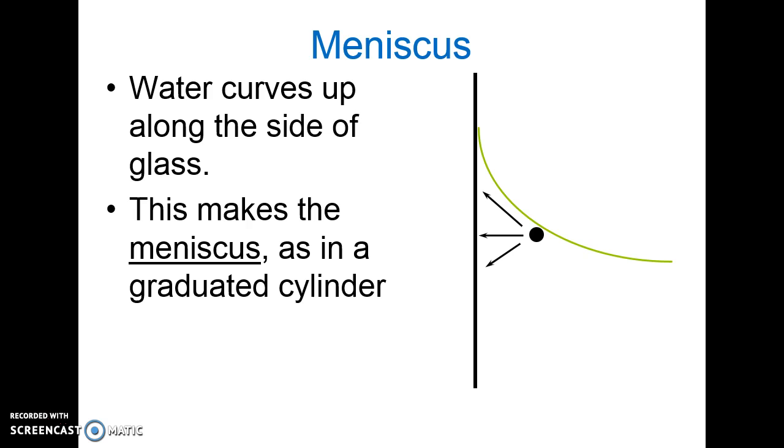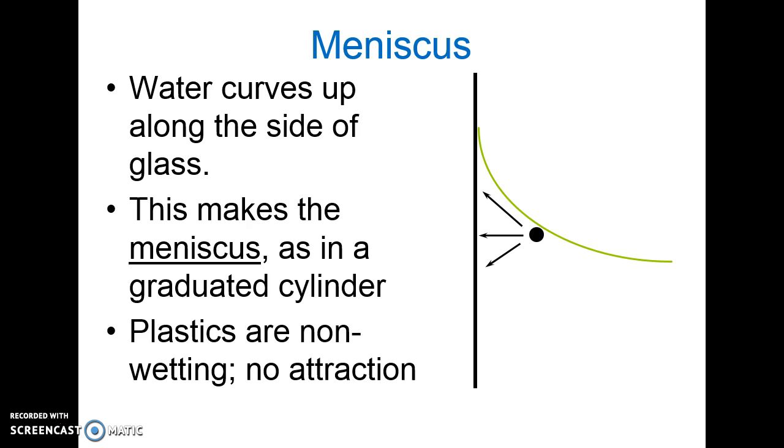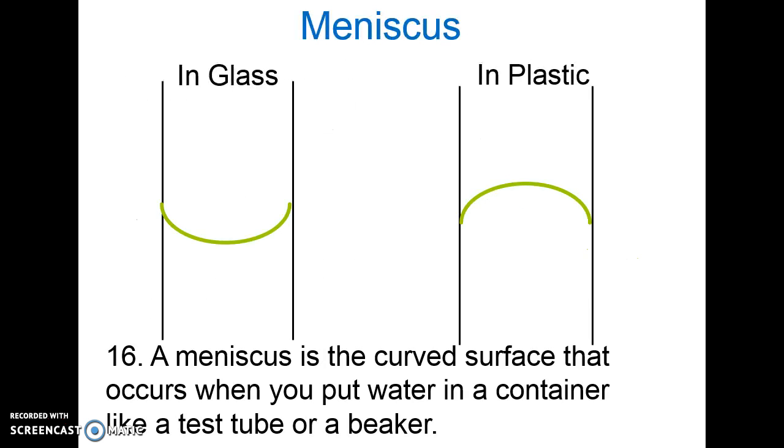It's the curved surface that occurs when you put water in a container, like a test tube or a beaker. This does not happen with plastics. So here we can see what happens if I put water in a glass test tube versus a plastic test tube. A meniscus is the curved surface that occurs when you put water in a container. That's your answer to question 16.